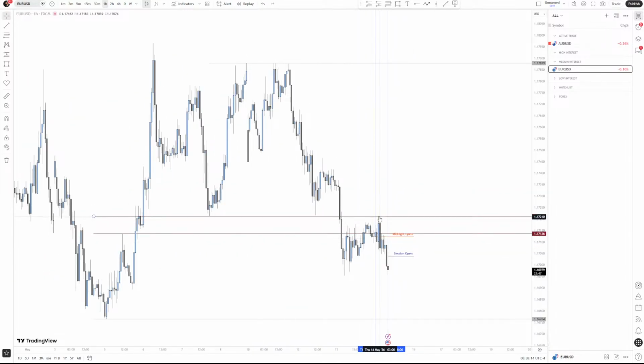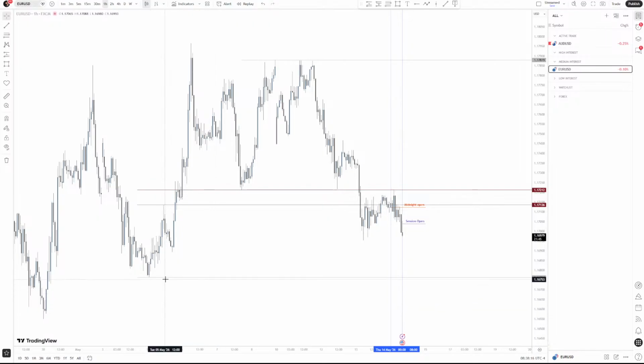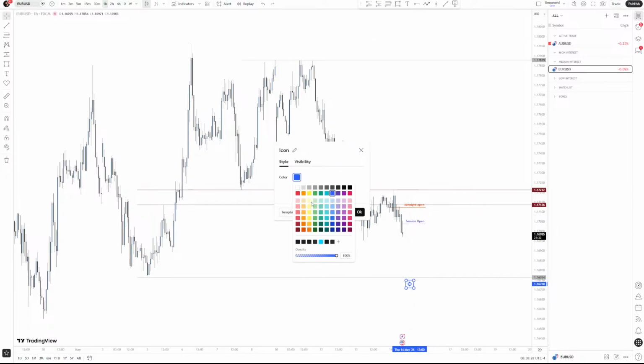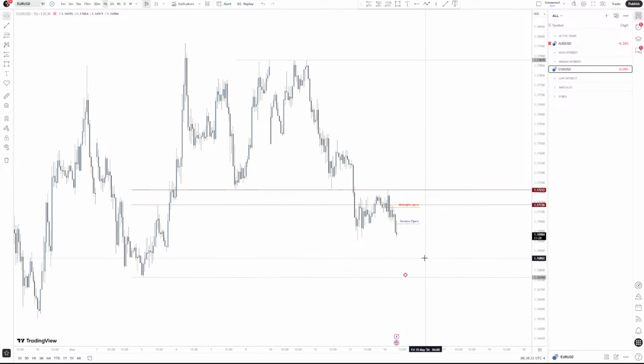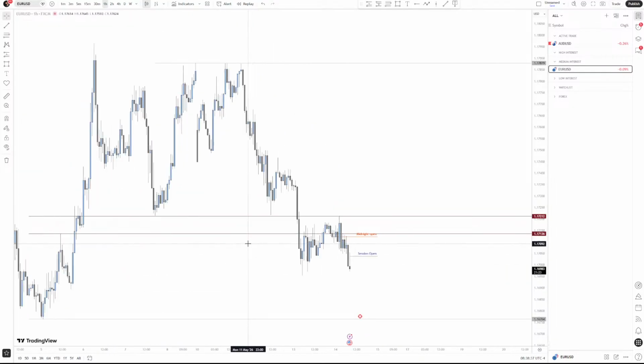So up until this daily fair value gap, we are targeting these ultimate lows down here. This is our target. Why is our target? Because that's the swing low where there's going to be resting liquidity below it.